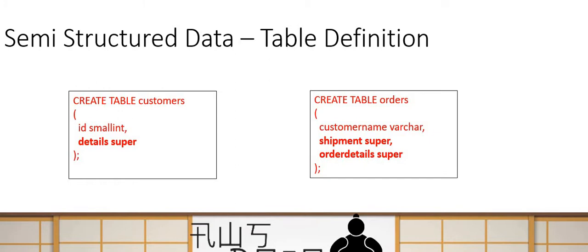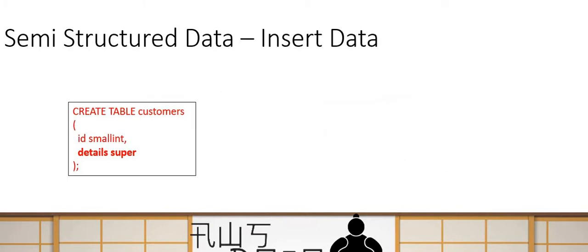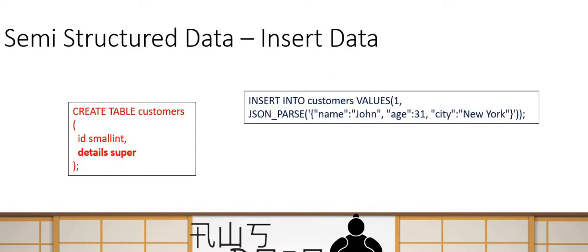So now assume that you have a customers table with two columns: ID, which is a small integer, and details, which is a SUPER data type. How do I insert my data into it? You can use an insert query to ingest data into it. So your query might look like this.